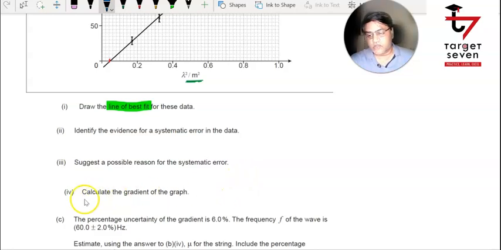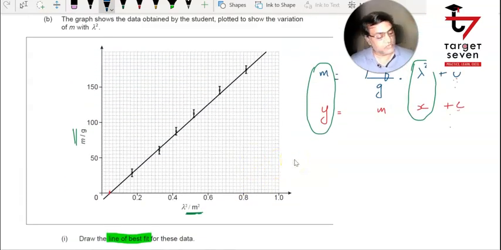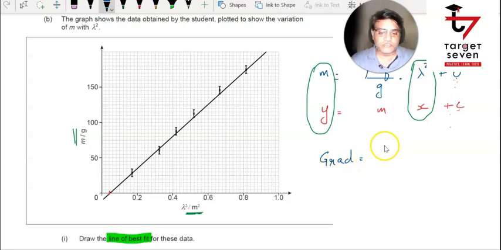It further goes on to say, okay, calculate the gradient of the graph. A very common mistake that students make while calculating the gradient of the graph is they will consider gradient equal to y upon x, and they will consider one single data point and try to determine the gradient.